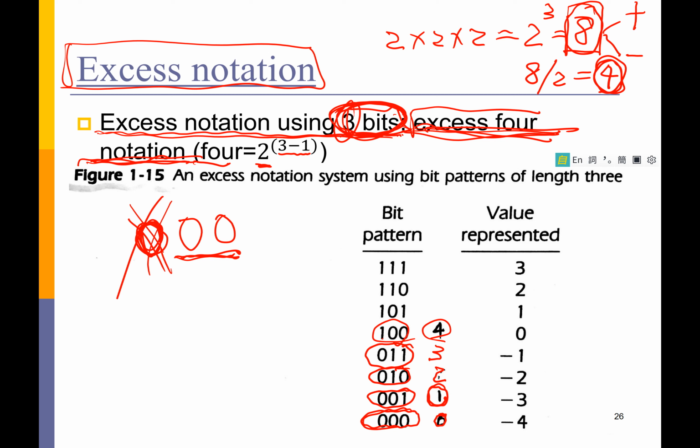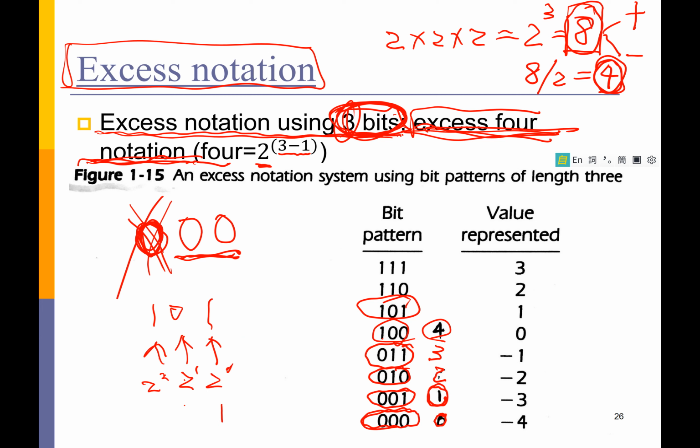How to do the change? I guess we discussed this before: we assign weight to each digit. Say this one, 101. This one gets 2 to the power 2, this one gets 2 to the power 1, and this one gets a weight of 2 to the power 0.